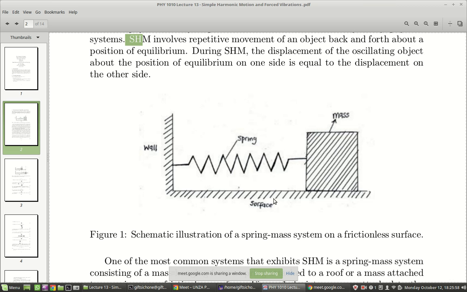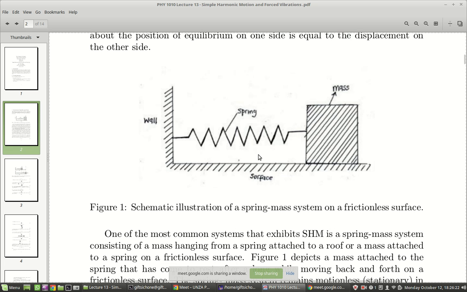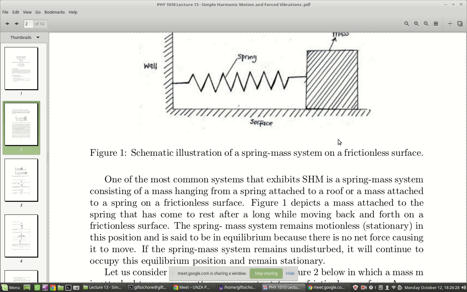So, the equilibrium position, the position of equilibrium, is what we denote as x equals 0. If you notice, I've highlighted that. Then any distance from the equilibrium position is basically, you stretch the spring.